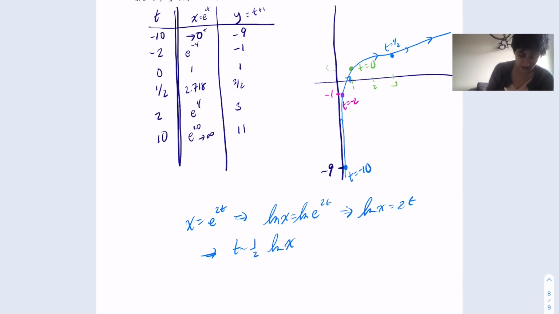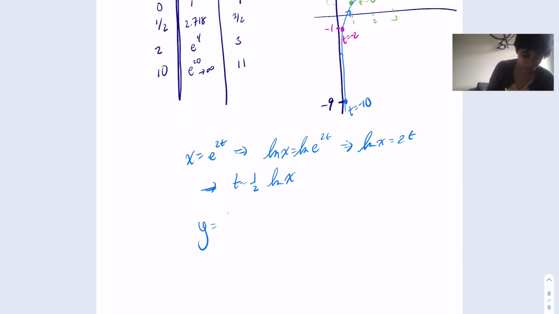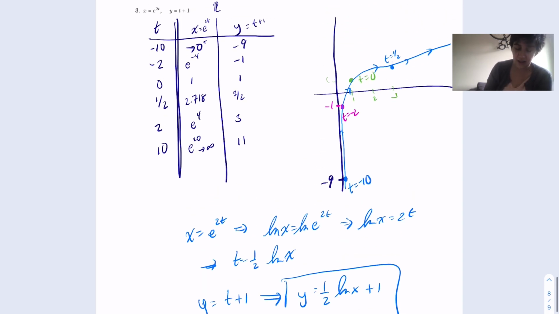And my y, well, that is equal to t plus 1. And so we get y is equal to 1/2 ln of x plus 1. And so this logarithmic shape emerging makes all the sense in the world when we eliminate our variable.